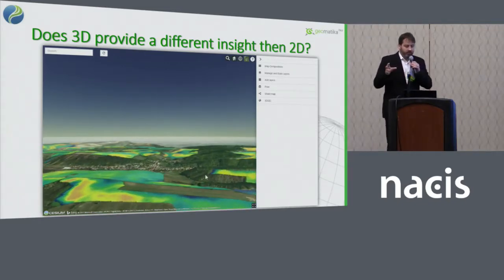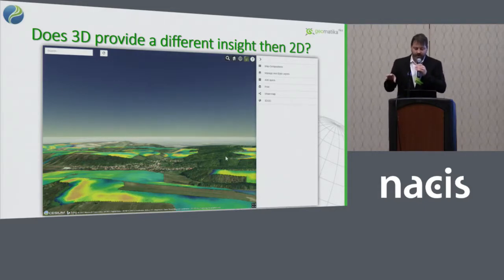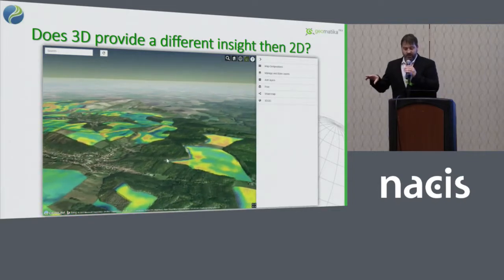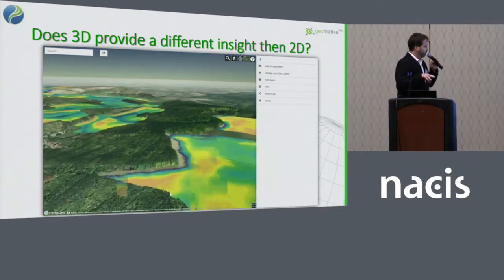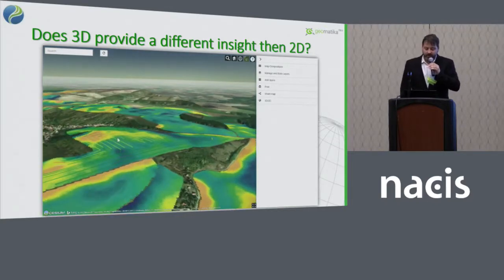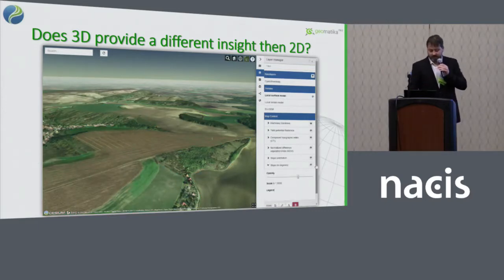If you put this information on top of topography, you can see these. I should mention that these blue zones are zones with lower crop yield estimation, and zones going to green, yellow, and red are the better ones. So you can compare it to the topography, and you can see there are some consequences.